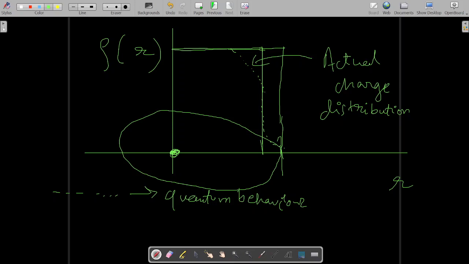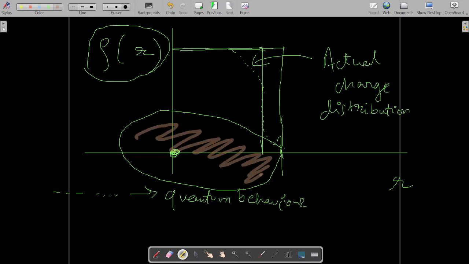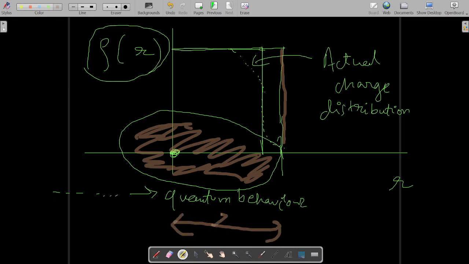It means the probability of finding the nucleon, proton or neutron, in this particular region should abruptly fall to zero after a certain radius, in case of classical mechanics, because in classical mechanics there are sharp boundaries.